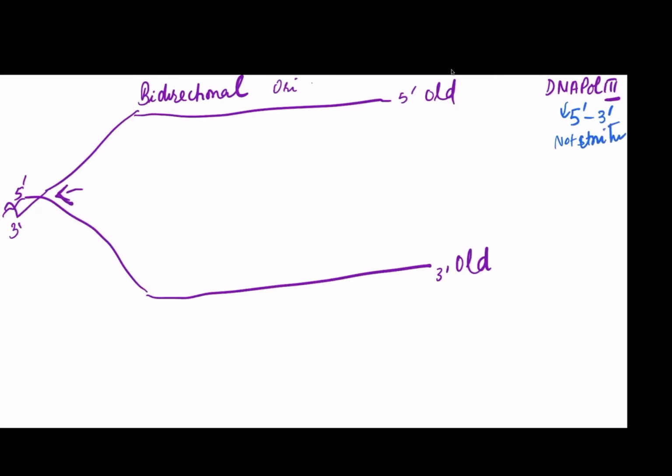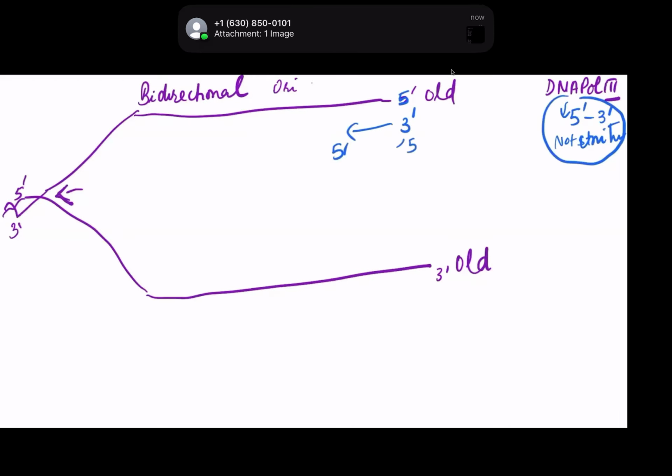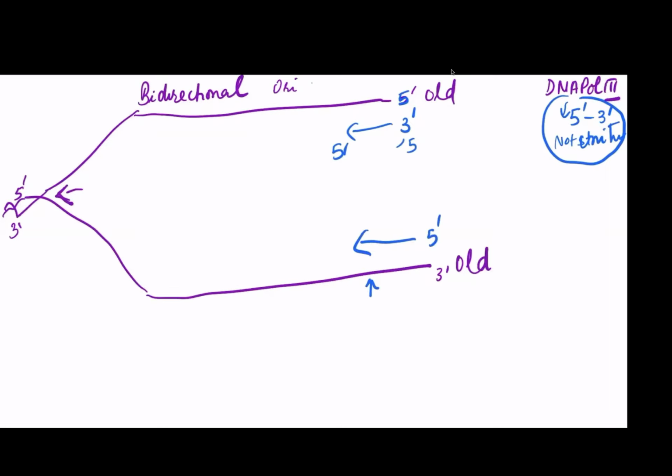I'm saying that this is your old strand, and in front of that, the direction will be 3' to 5'. This enzyme is saying that I will work only in 5' to 3'. So in the bottom strand here, the 5' to 3' direction is okay for this enzyme. They can start.